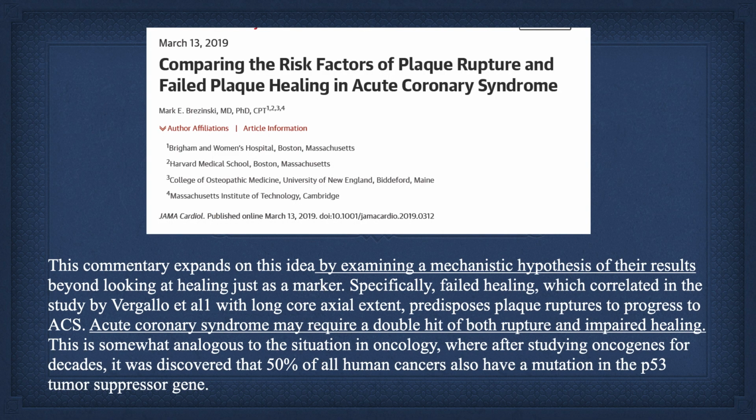So in JAMA Cardiology in 2019, the critical point is that we said, I believe we coined the phrase, acute coronary syndromes may require a double hit of both rupture and impaired healing, which is analogous to oncology, where they looked at oncogenes for years and finally found that 50% of human cancers have a mutation in a tumor suppressor gene, which would be the equivalent of healing.